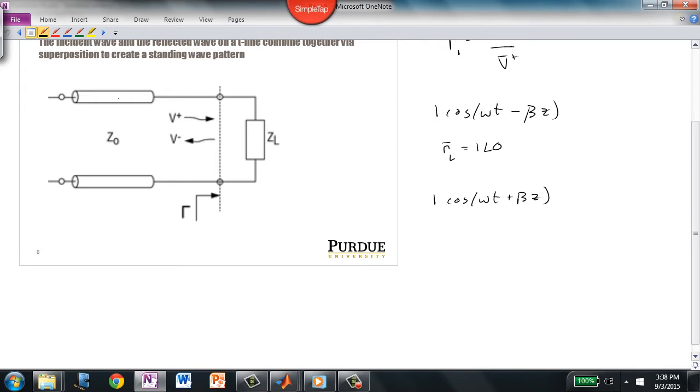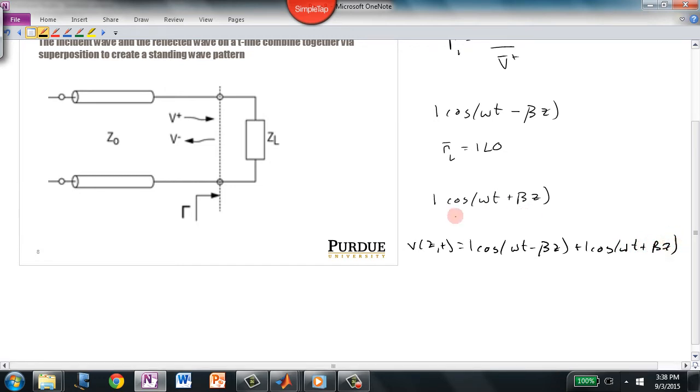Therefore, along the transmission line, the total voltage is going to be V of z comma t, 1 cosine of omega t minus beta z, plus 1 cosine of omega t plus beta z. Since there are two waves, the total voltage is just the sum of the two waves.